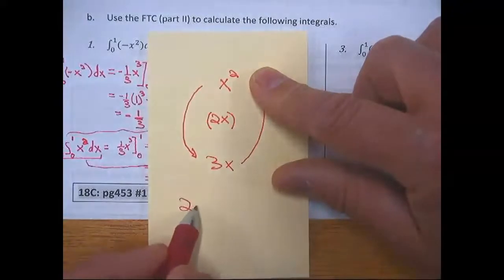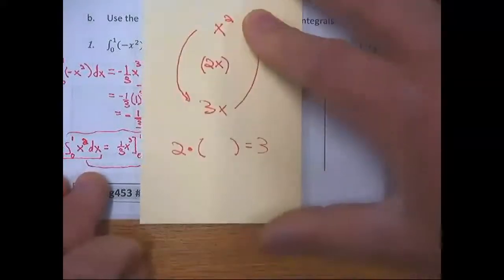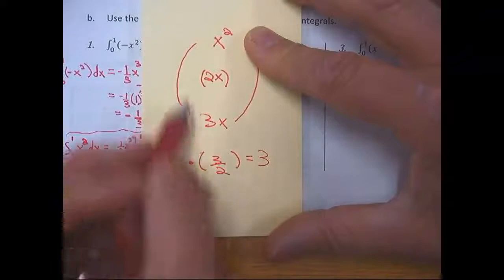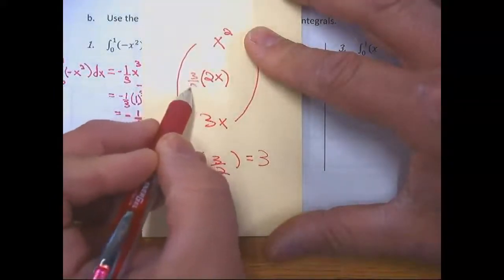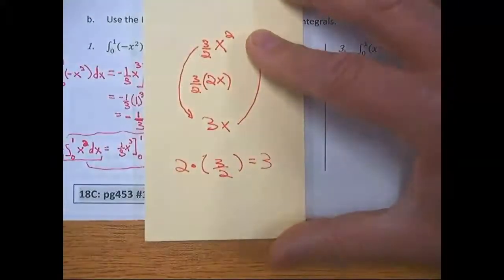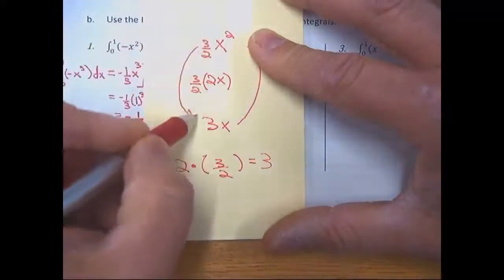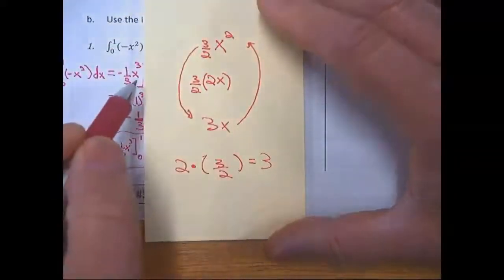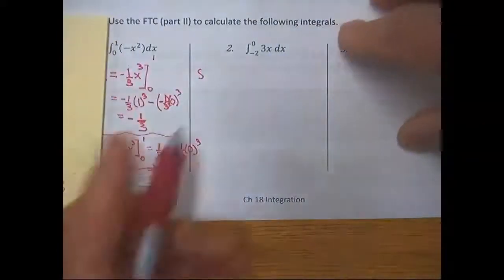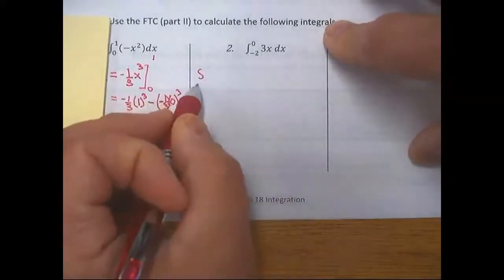You're asking yourself, what would you multiply 2 by to turn it into a 3? 3 over 2, right. So the original would have to get multiplied by 3 over 2. Now if you did the derivative, you would end up with 3x. So our antiderivative of that is going to be 3/2 x squared.